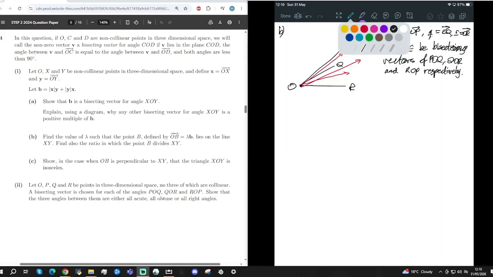So these red vectors I've drawn. So POQ, this is my vector A, QOR, B, C.